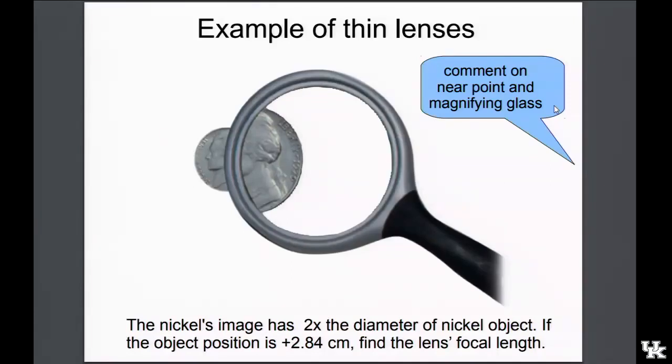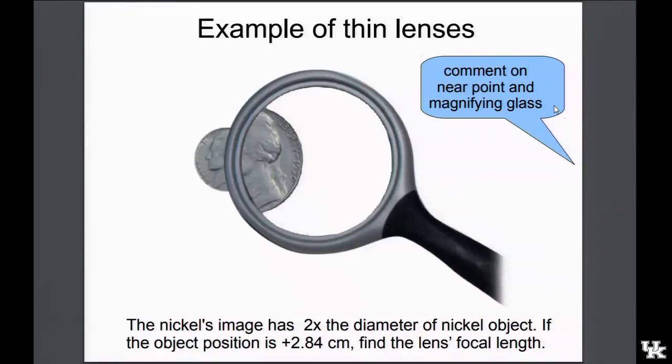So we're told in this particular question that we looked at a nickel in a magnifying glass, and the image is twice the size of the object. The image's diameter is twice the size of the true nickel's diameter. We're told the magnification is 2.